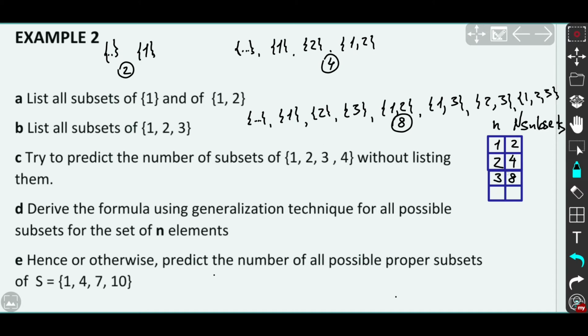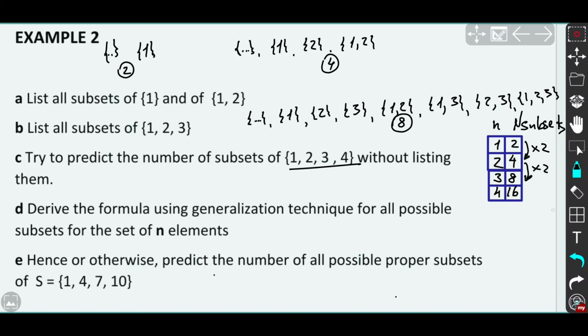So guess what? The next number of subsets, for example for 4 elements, this might be the rule that every time you multiply by 2, so it's a sort of geometric sequence. In this case, you'll get 4 times 2 is 8, and 8 times 2 is 16.